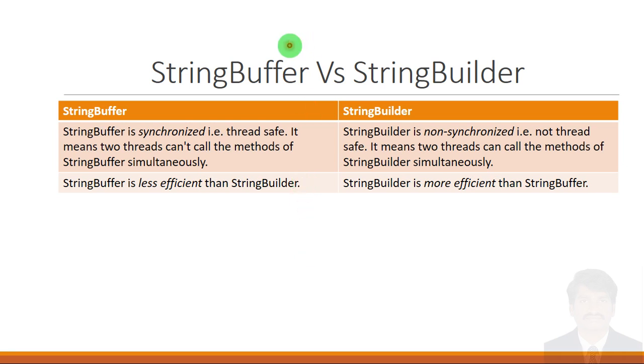Though these two are mutable, StringBuffers are synchronized, StringBuilders are non-synchronized. What is synchronization? At a time only one thread can enter into the StringBuffer methods, one thread can execute because it is thread safe, but it is slower than StringBuilder, obviously, because if one thread enters into a method, until it exits it will not allow other threads.